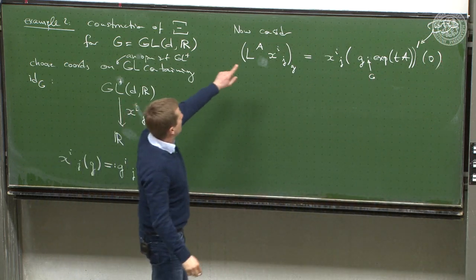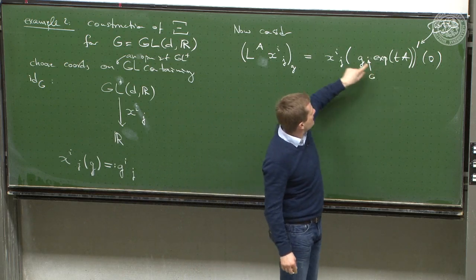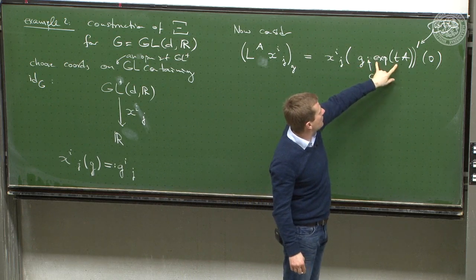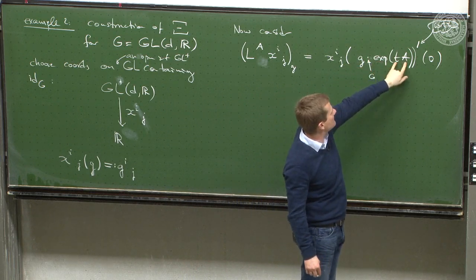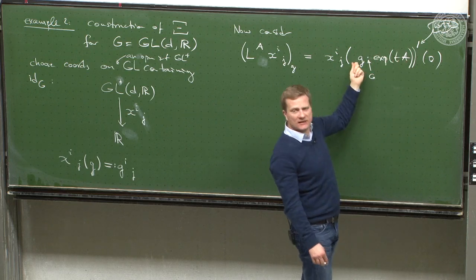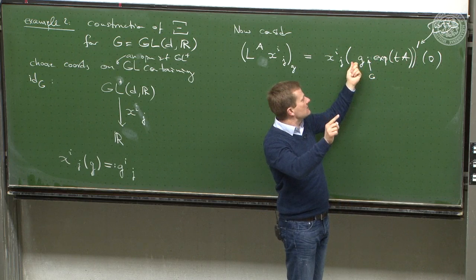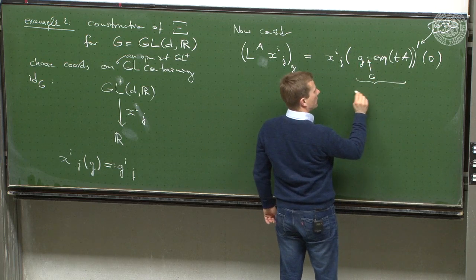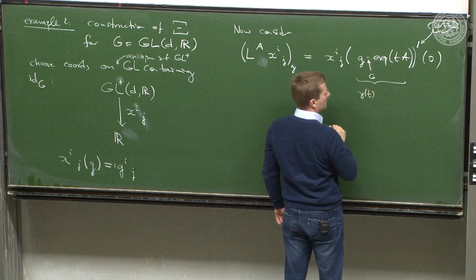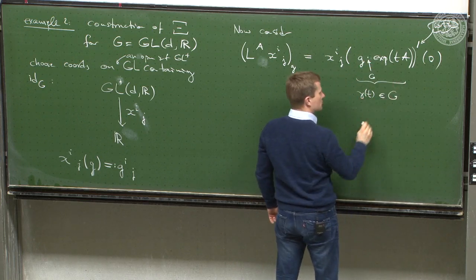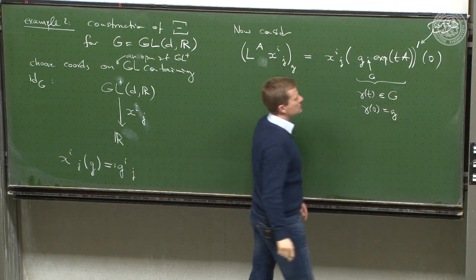Now is this right? You take a point g of the Lie group, and then you multiply with the exponential map of t times A. This is the one parameter subgroup generated by A. If t is 0, this is just the identity, so you're at the point g, and as t increases, you move away from the point g. So this is a curve gamma of t, where for each t it lies in G, and gamma of 0 is the little g.